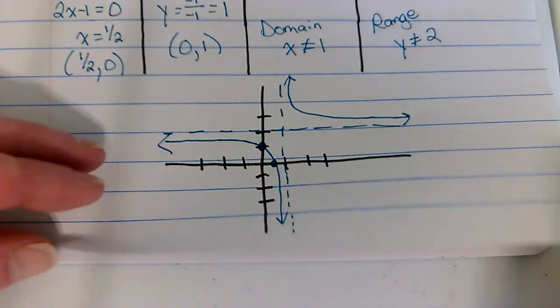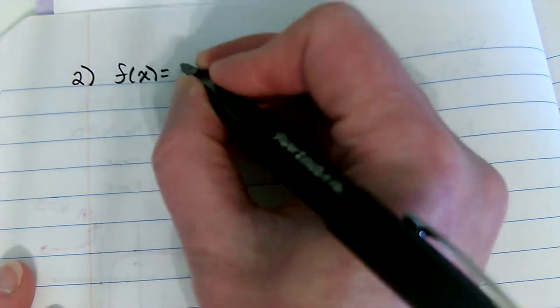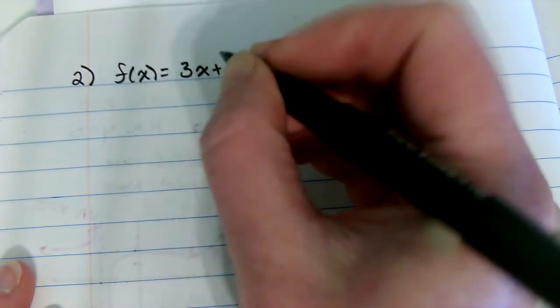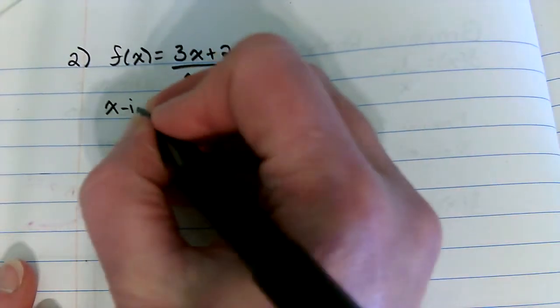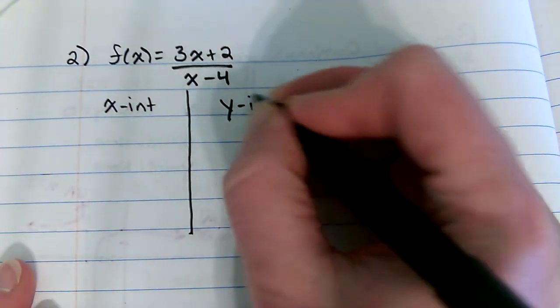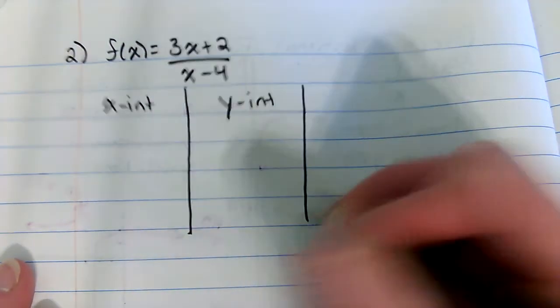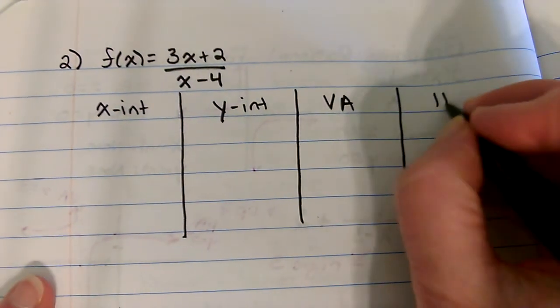Let's try another one. Okay, so we're going to do all the same things. X-intercept, y-intercept, vertical asymptote, horizontal asymptote.